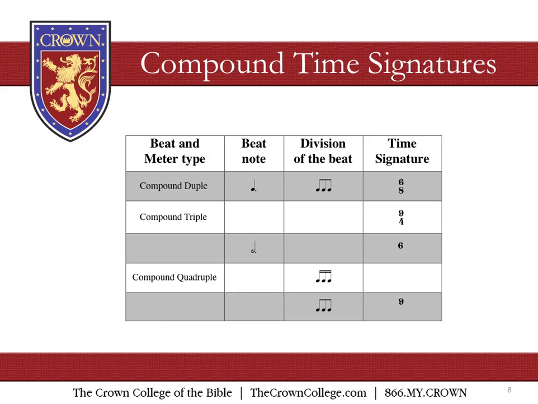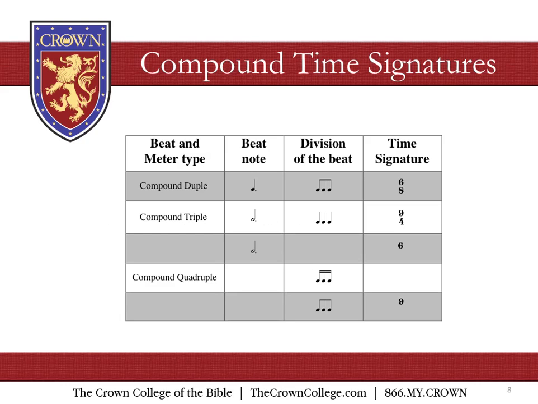Remember, when you have a dotted beat note, it can't be represented on the bottom number of a time signature. So we have to use the division of the beat. That 4 on the bottom of our 9/4 time signature is the division of the beat. So let's times that by 3 and get our beat note back. What is 3 quarter notes? That's right. It's a dotted half note. Therefore, our division of the beat is 3 quarter notes.